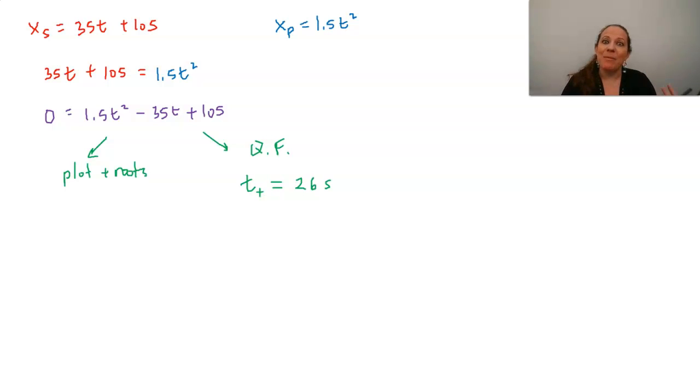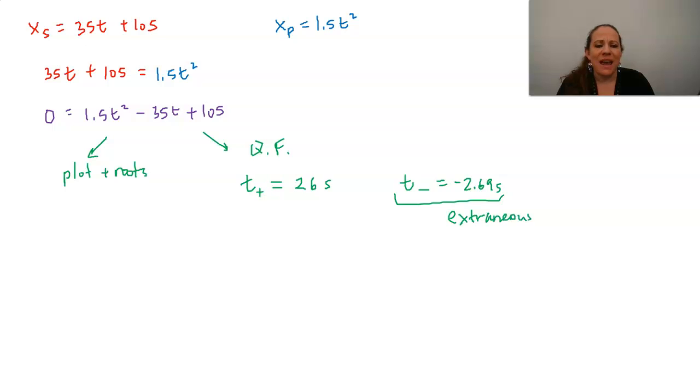Now we're defining time in terms of what the patrol car is doing. The patrol car moves for 3 seconds less than the speeder. Hooray! So when we subtract in our numerator, we get negative 2.69 seconds. So once again, this one is that extraneous solution that has no physical meaning, so we will disregard it.